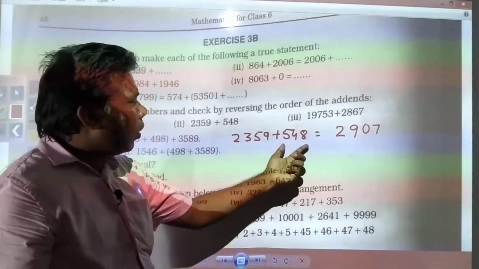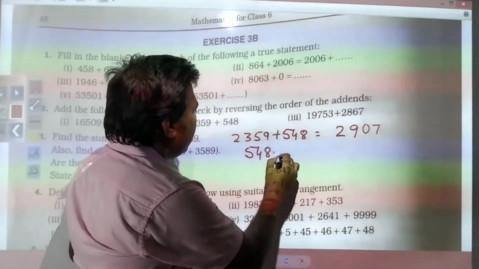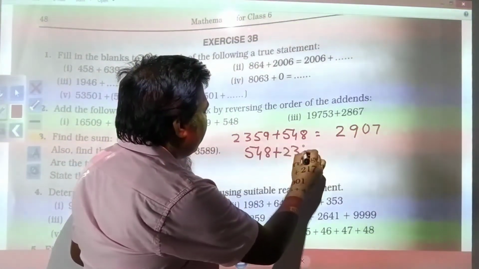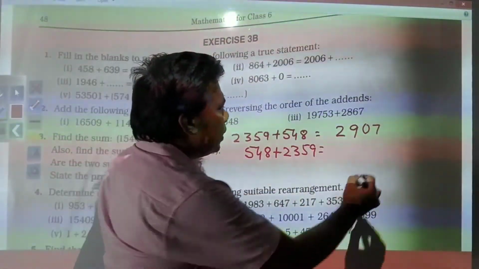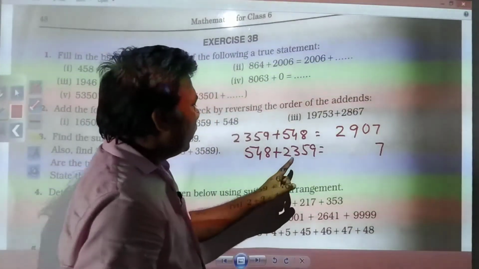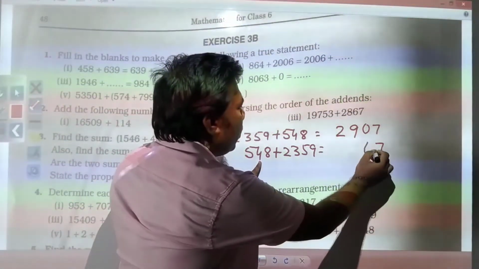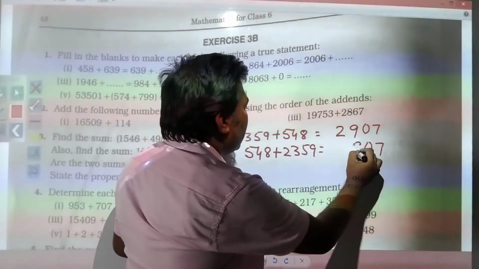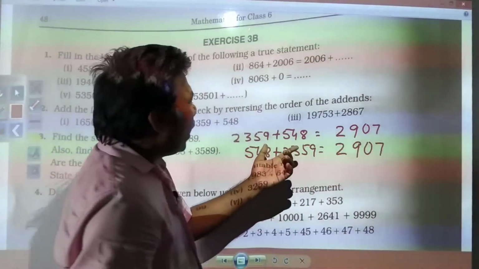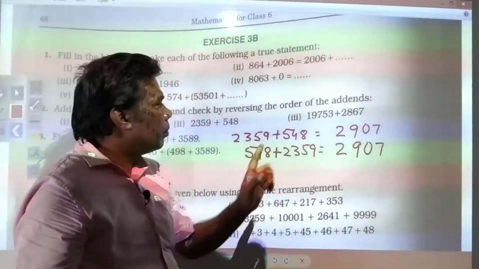Now reverse the order: 548 plus 2359. What will you get? 8 and 9, again 17. 1 carried, 5 and 4, 9, 9 and 1, 10. 1 again, 3 and 5, 8 and 1, 9, and 2. So even if you reverse the order, you get the same sum.